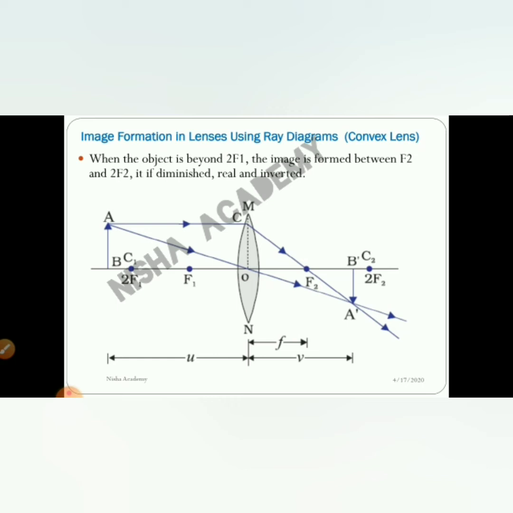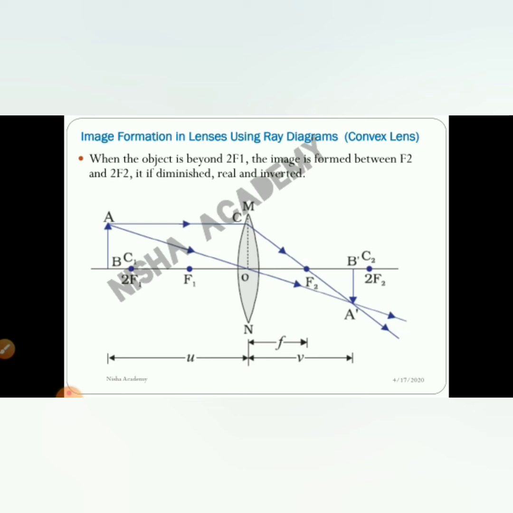Below, you can see I have indicated the focal length f, the object distance u, and the image distance v. We have already learned about the lens formula, so you can put the values of u, v and f from the given data, and while putting this data you have to follow the sign convention that we had discussed.